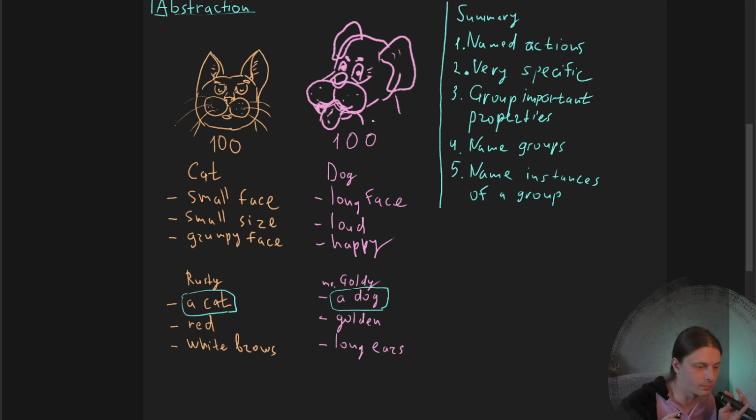So programming is built on the foundation of abstraction. Not only abstraction, but abstraction is a ginormously important, very important thing there.